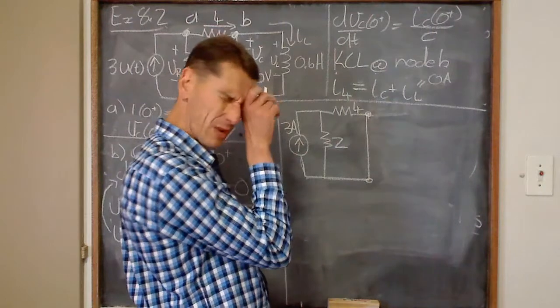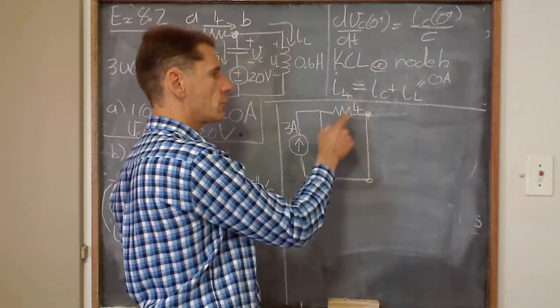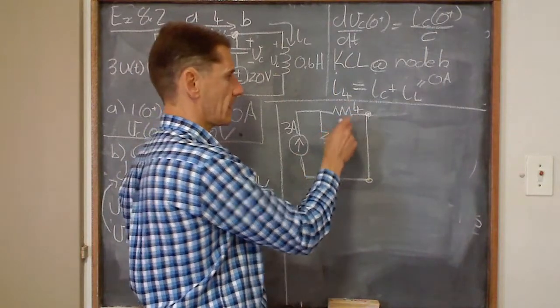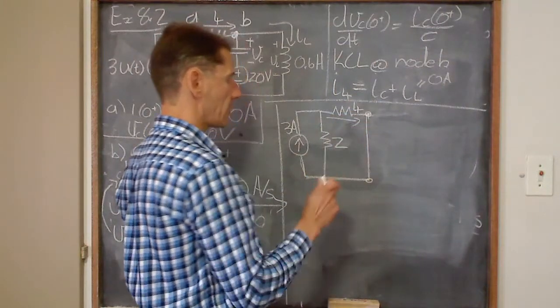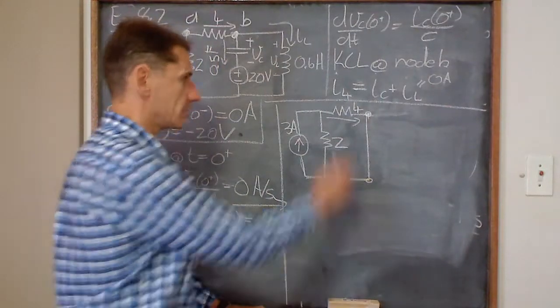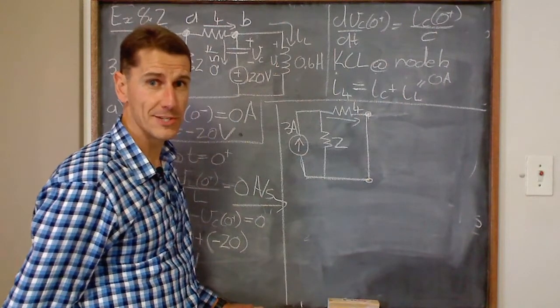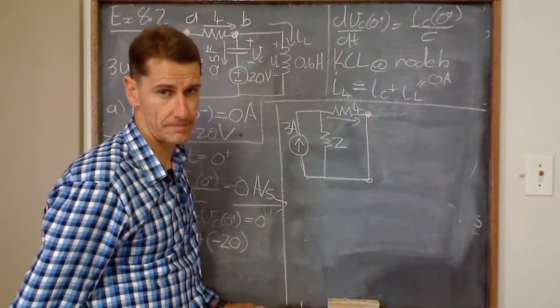Now, what is it that we're looking for again here? We're looking for the current through the 4 ohm resistor. If you look at this circuit diagram, how easy is it to get the current through that 4 ohm resistor? It's just a current division.